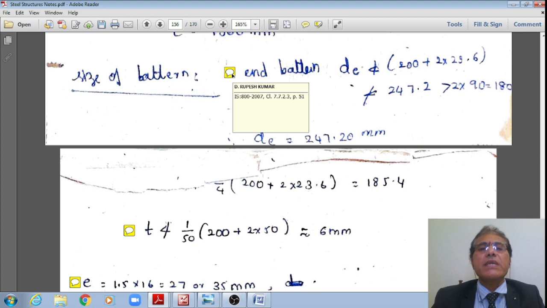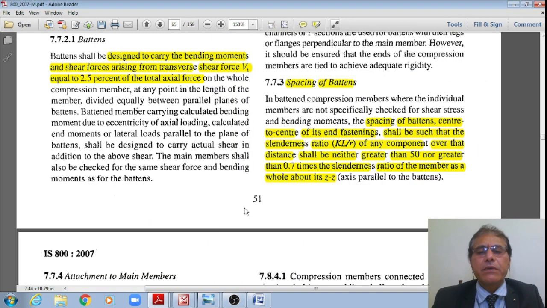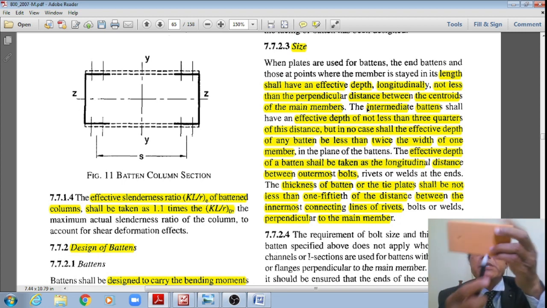Hence, if I go to clause 7.7.2.3 on page number 51, what the code says is that the batten shall have an effective depth, longitudinally, not less than the perpendicular distance between the centroids of the main members. That we have already seen.